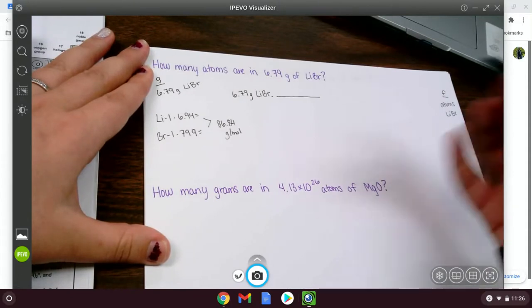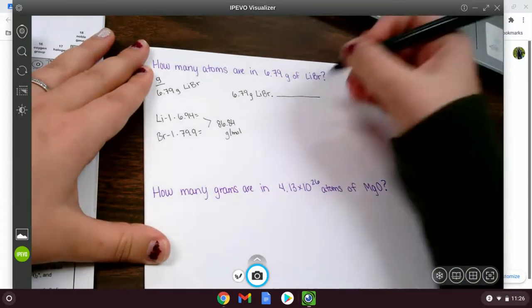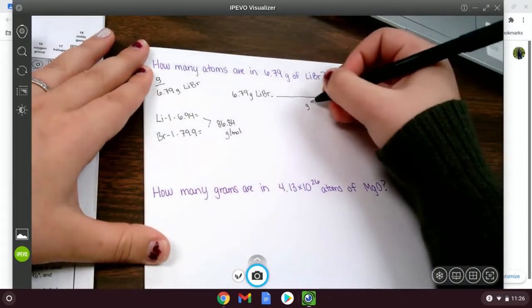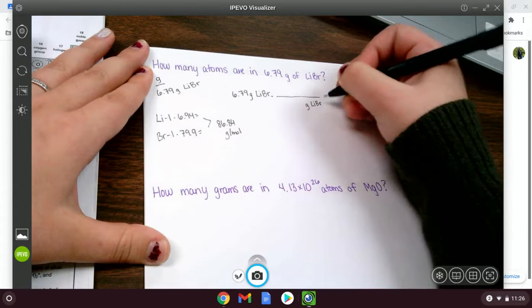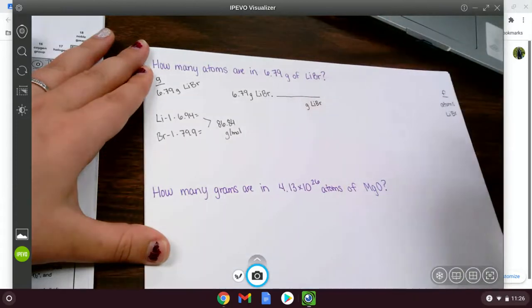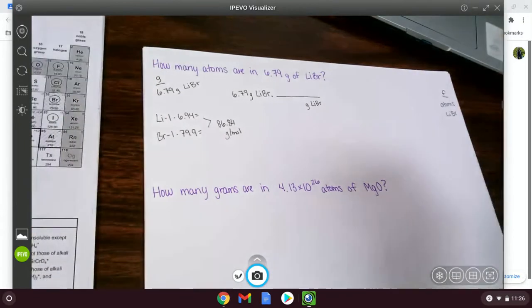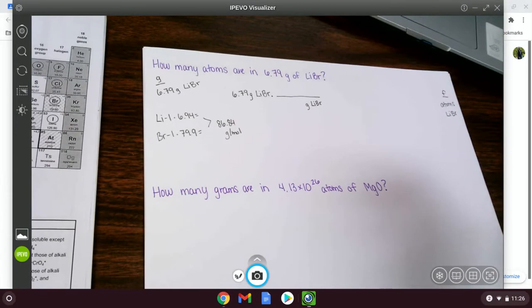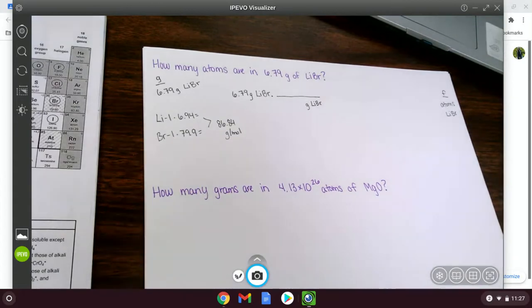So in order to have our grams go away, it needs to be on the bottom, because you got 1 on the top, 1 on the bottom, goodbye. Okay? When we're going from grams to atoms, we have to go through the mole. We can't just say, I don't feel like going through the mole today, so I'm just going to ignore it. That's not how it works. We have to go through the mole.